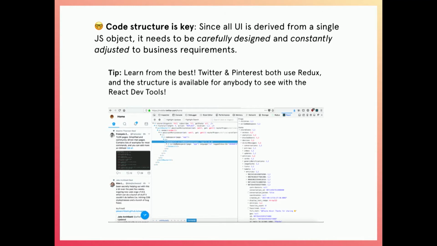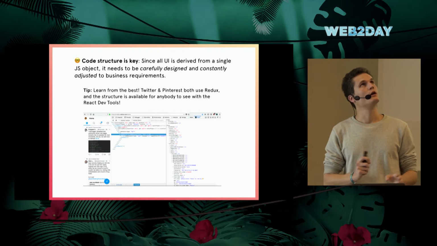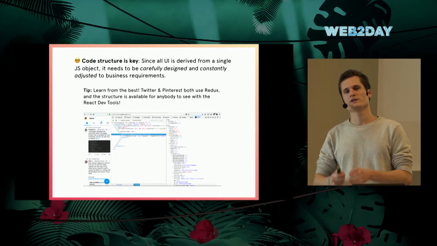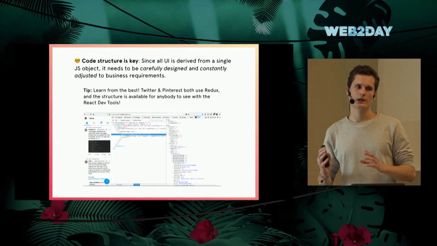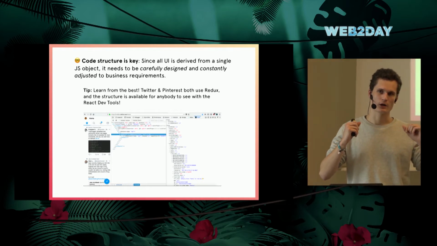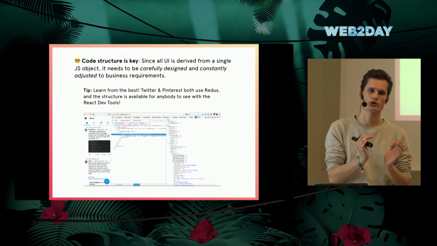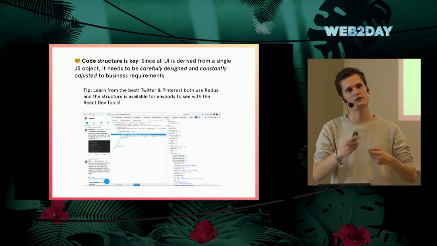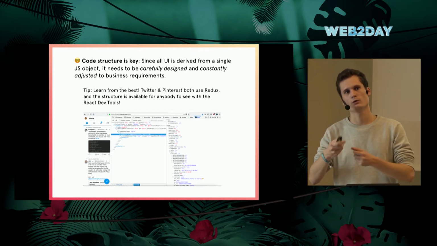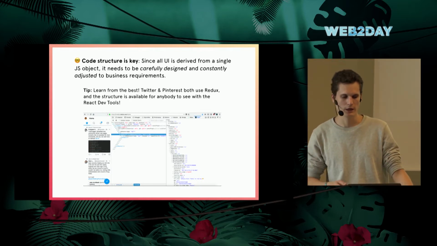So we saw that every piece of data that we need to draw our UI is contained in a single JavaScript object, which means that, much like a database schema, you have to really think your store structure through and maintain it and make it evolve throughout the development of your app.